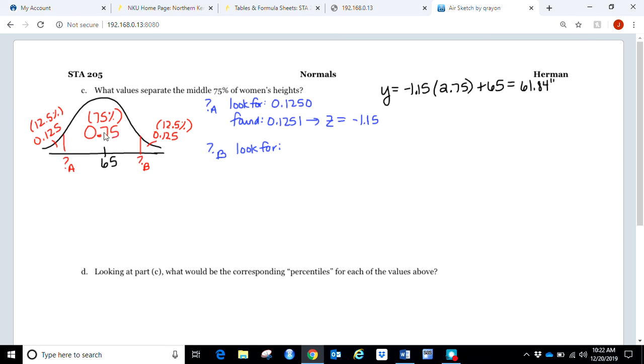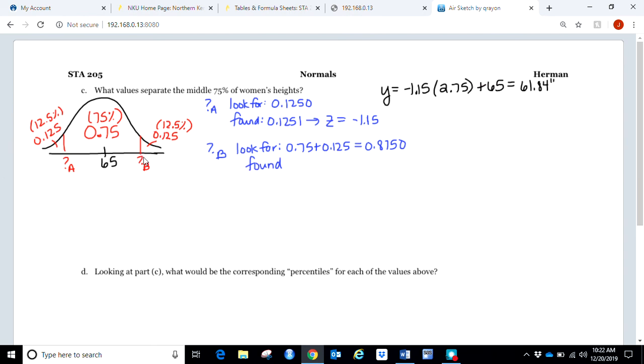Well, it's the 0.75 and that 0.125. So I've got to add those two values together, because both of those pieces are to the left of my value. So that's the number we're going to go looking for in the table.